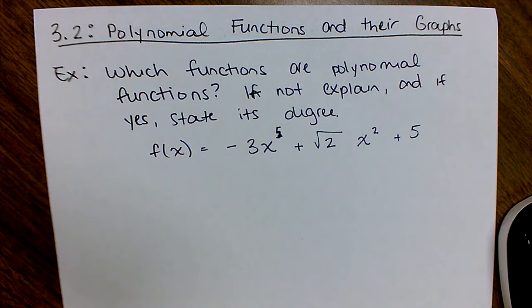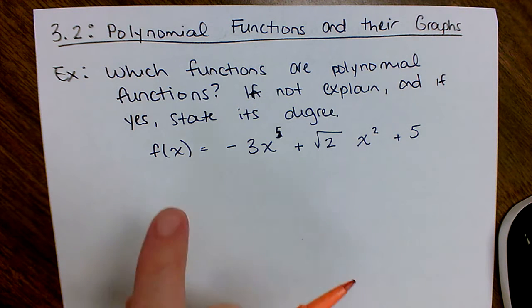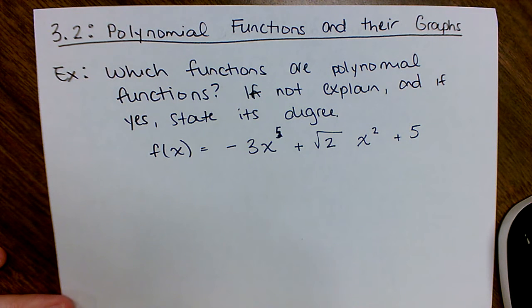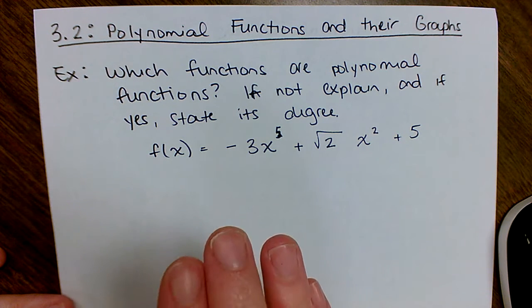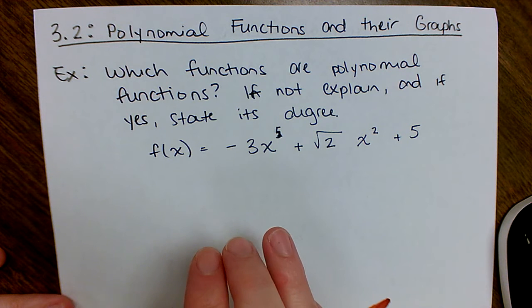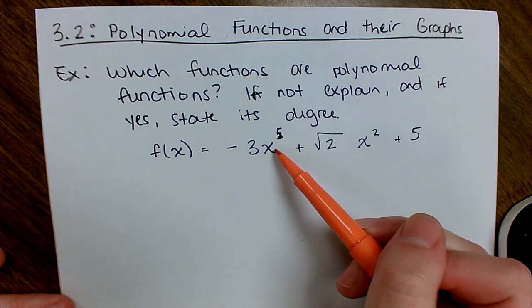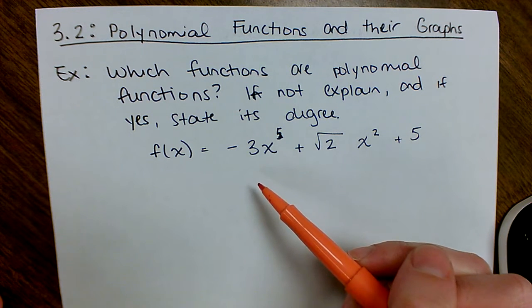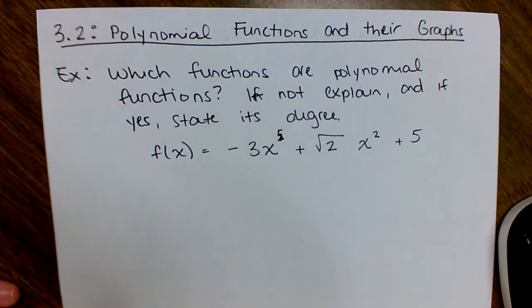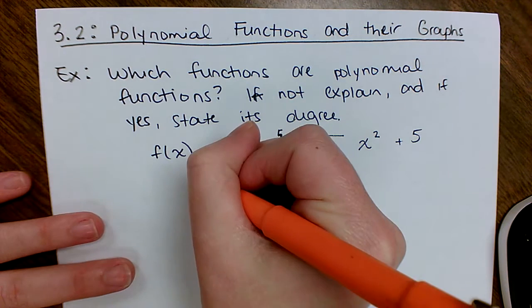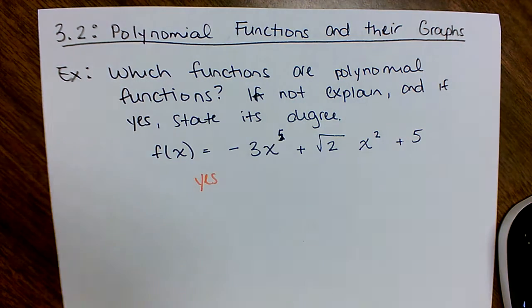Remember, the two things we have to look for in a polynomial function is that we have all these little pieces being added together, and then the main thing is that the exponents on our variables have to be positive integers or positive whole numbers. If you look, the exponent on this x is a 5, so that's good, and the exponent on this x is a 2. That's good. So we meet both of our criteria. So yes, it is a polynomial function.